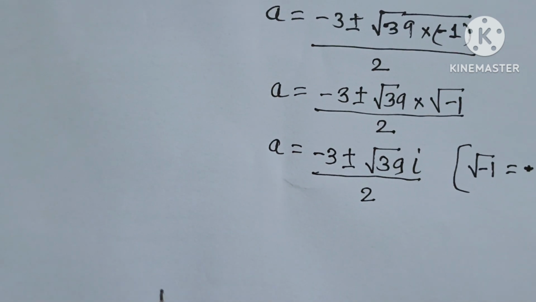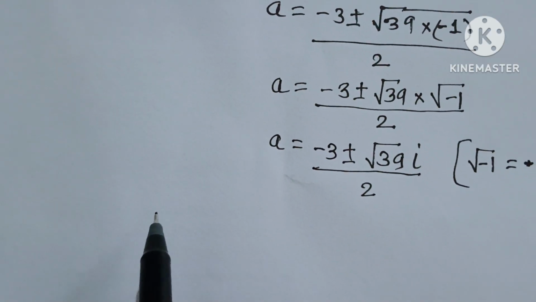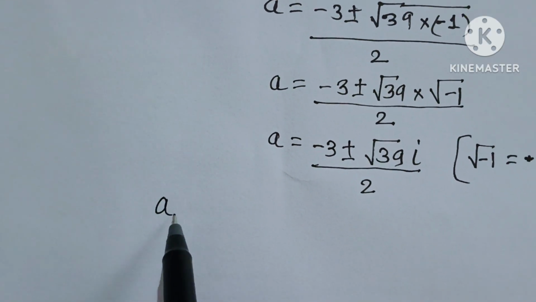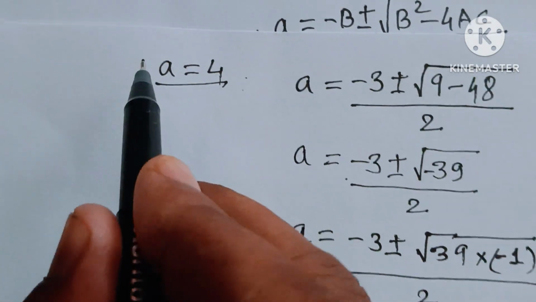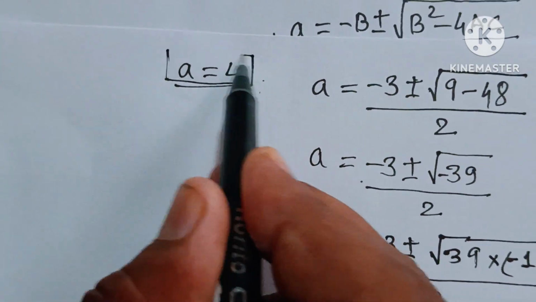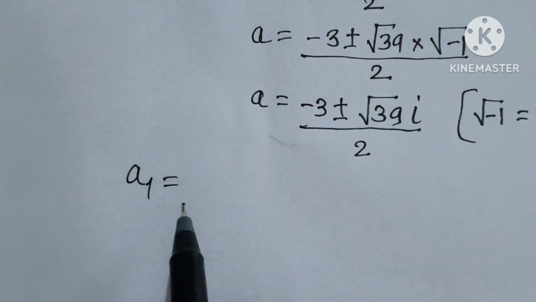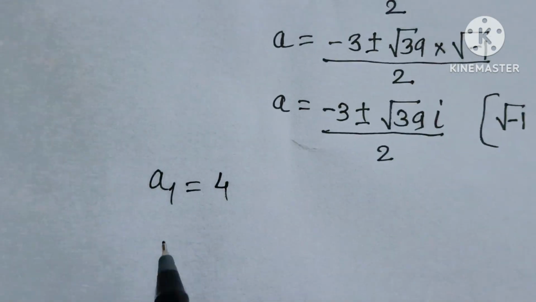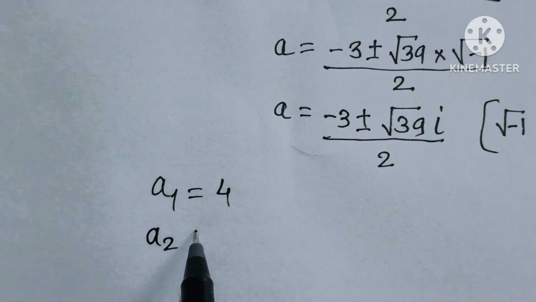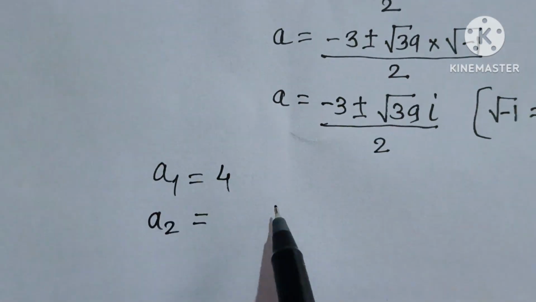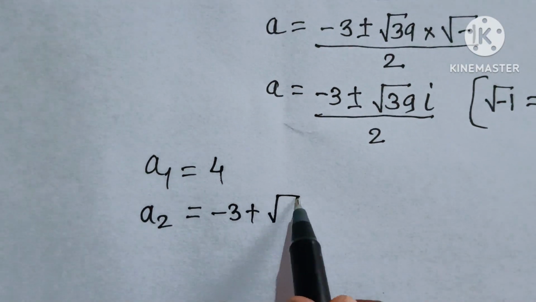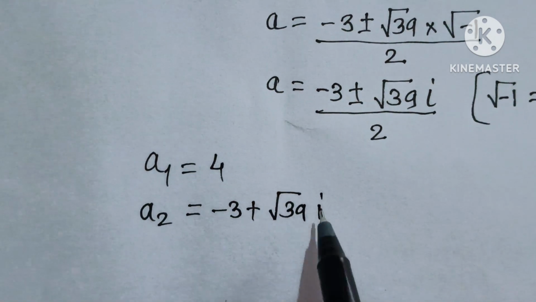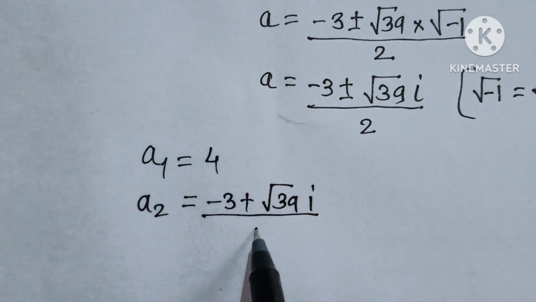Now we write the values of a. a1 is equal to 4. The value of a2 is (−3 + √39 i) / 2.